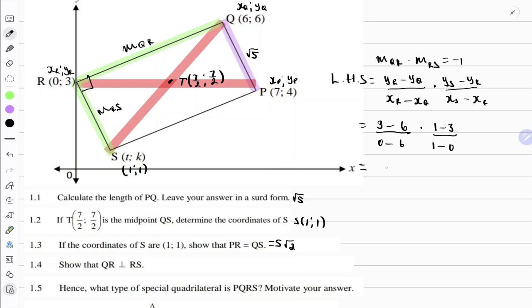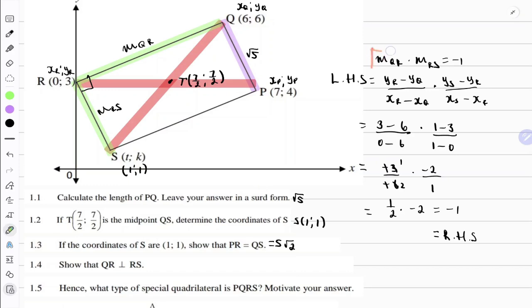So 3 minus 6 is negative 3, 0 minus 6 is negative 6, multiplied by 1 minus 3 is negative 2, 1 minus 0 is 1, so negative and negative cancels. 3 goes into itself once and into 6 twice, so it's 1 over 2 multiplied by negative 2, so this gives us negative 1, which is equal to the right hand side.